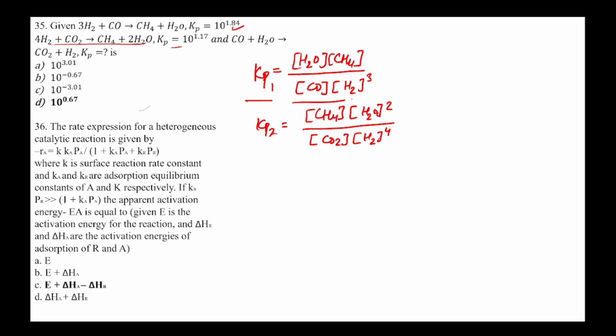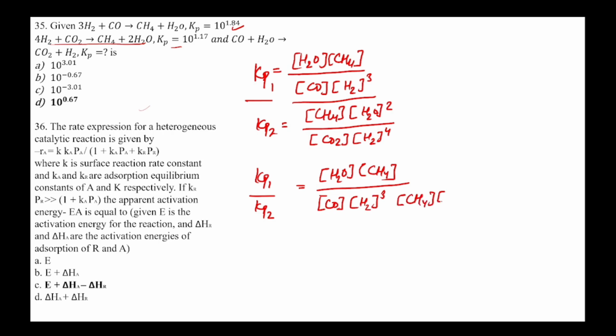If I divide both of these two, I will write Kp1 divided by Kp2. So what is the value? H2O, CH4, CO H2 cube. This becomes CH4 H2O square, CO2 H to the power 4.